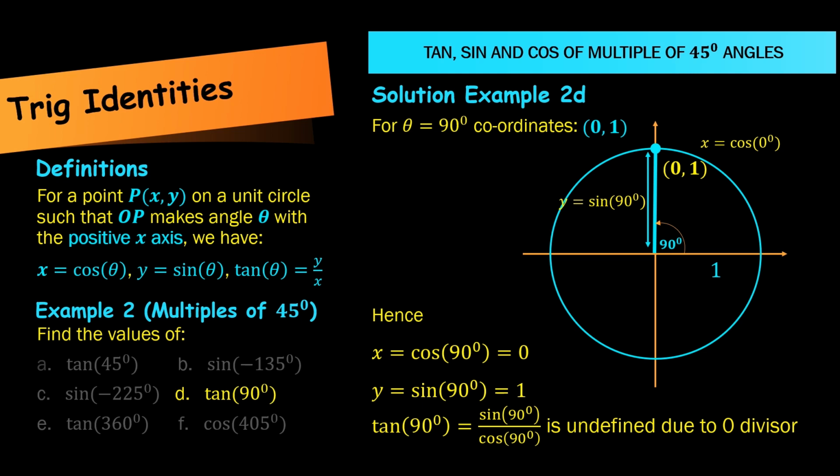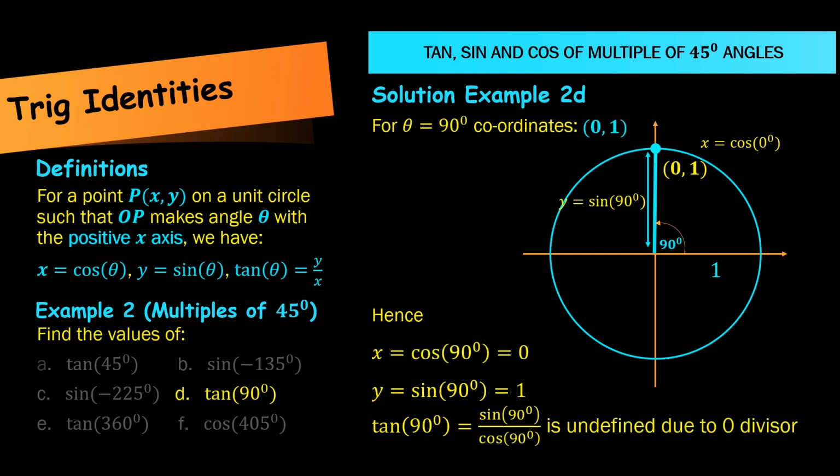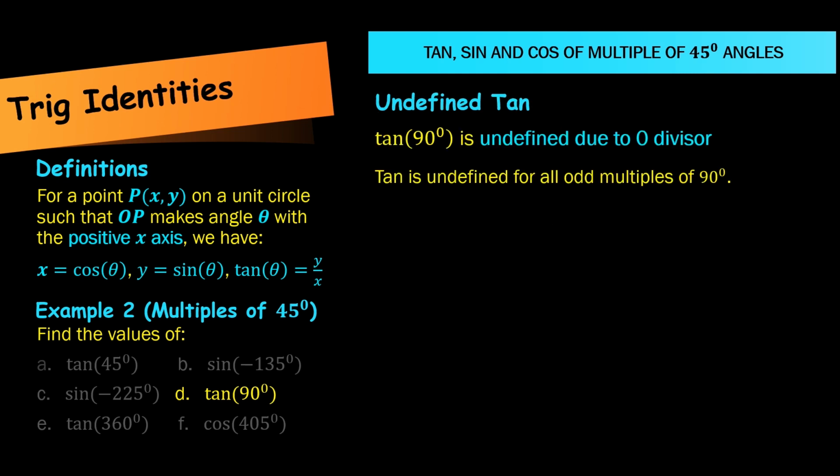And therefore, substituting in the formula for tan, which is y over x, we have sine 90 over cos 90, as shown. And clearly this is undefined due to the zero divisor.